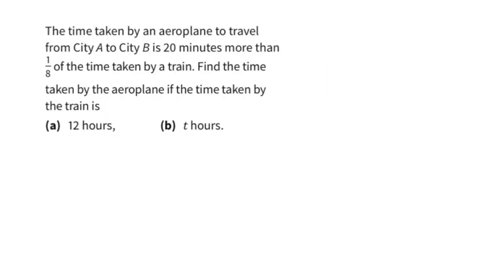Alright, hello everyone. For this question, we are given that the time taken by an aeroplane is 20 minutes more than 1/8 of the time taken by a train. So later on, we must always add 20 minutes more to 1/8 of the time taken by a train, okay?